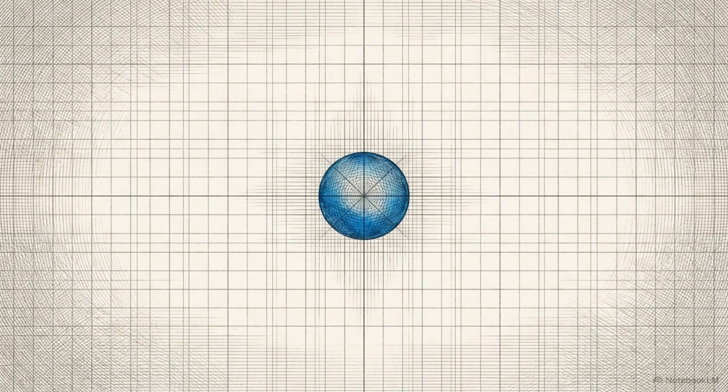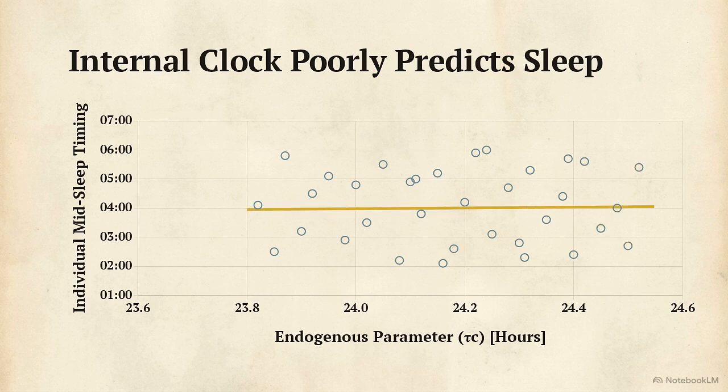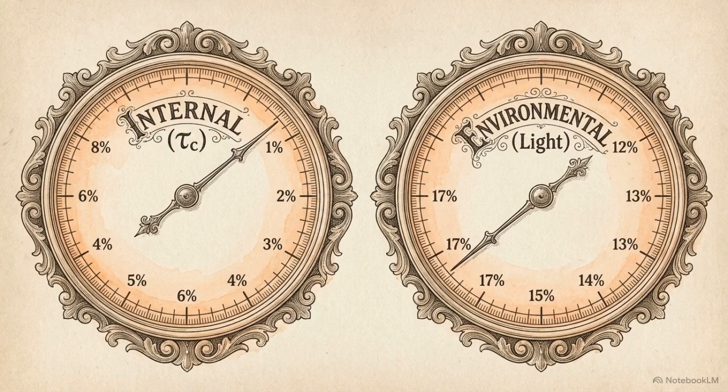When we look at biological parameters in a vacuum, the correlation is weak. The endogenous parameter tau-c alone explains only 8% of the variance in an individual's mid-sleep timing. Analyzing the exogenous light metric on its own yields similarly weak results, explaining just 17% of the variance.